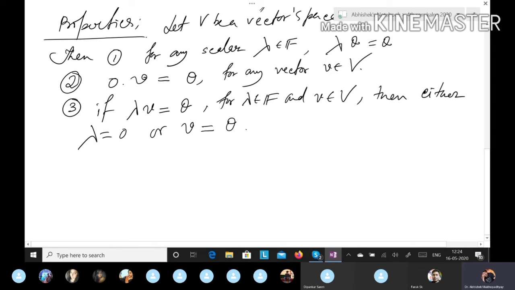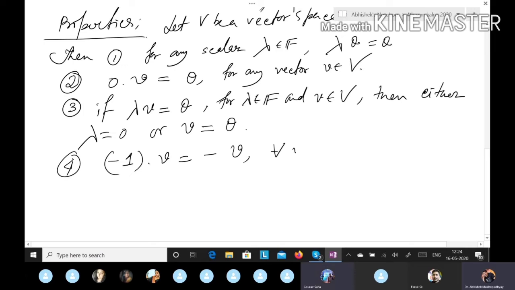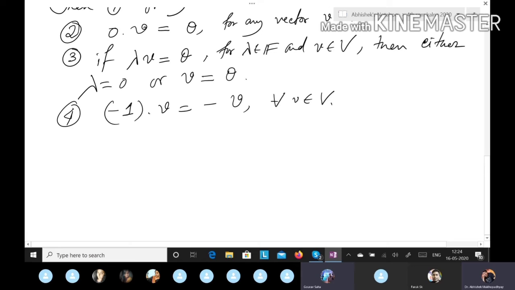Thus if lambda V equals theta, then either lambda is 0 or V equals theta. Number 4, minus 1 dot V will be the additive inverse of the vector V. So the proofs are very simple.